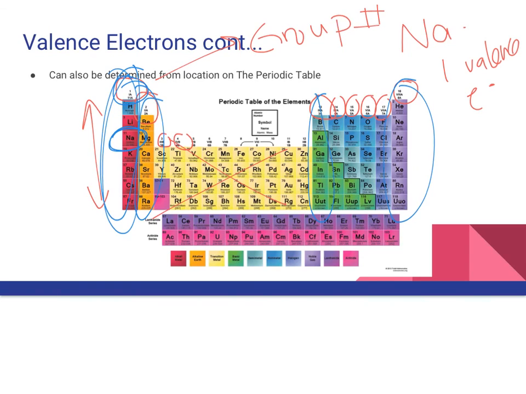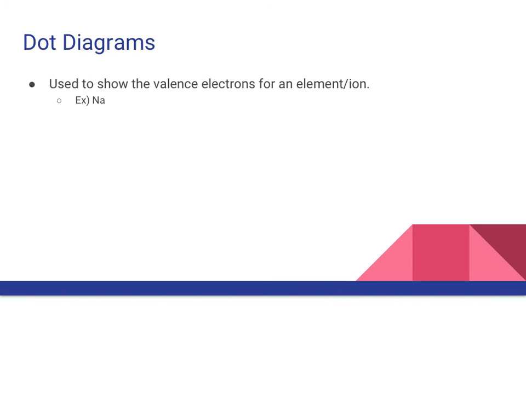All right, the last thing, this idea of dot diagrams. Dot diagrams are yet a third way that we can show the electrons in an atom, specifically the valence electrons. So if you recall, we determined that the number of valence electrons sodium has is 1. Again, we could have determined that by writing out the entire electron configuration and orbital filling diagram, or we could look at its location on the periodic table.